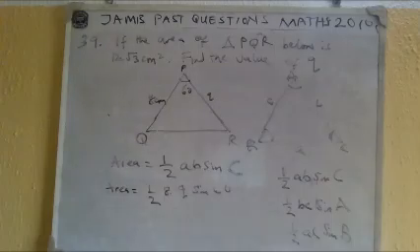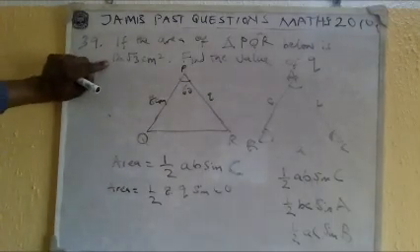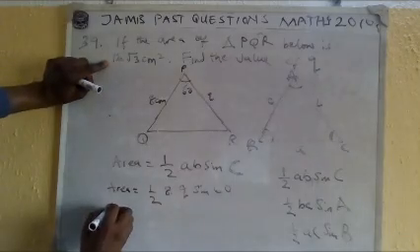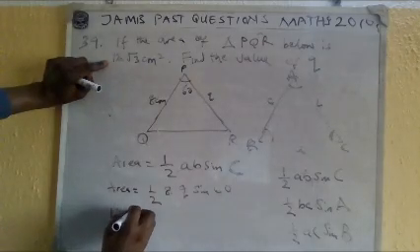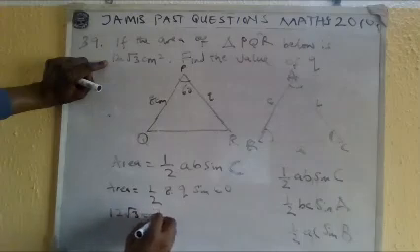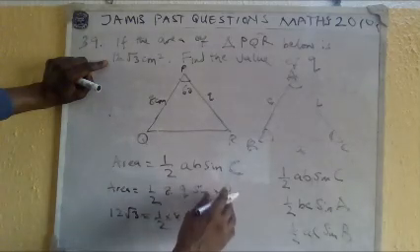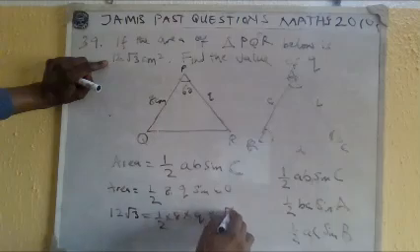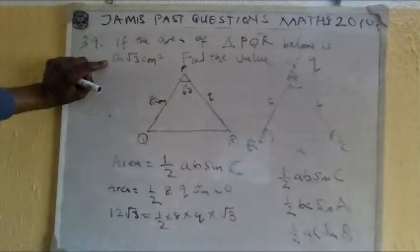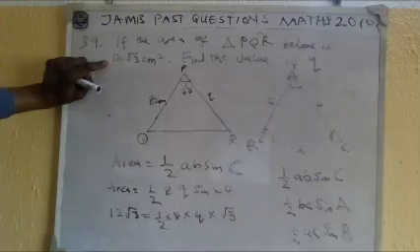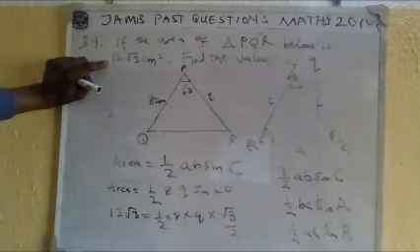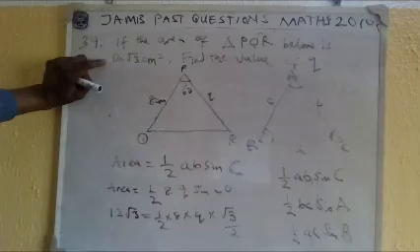So we are given the area as 12√3 is equal to half times 8 times q, which is not given, times sine 60. Sine 60 is what? √3/2. So we can do the math here now.